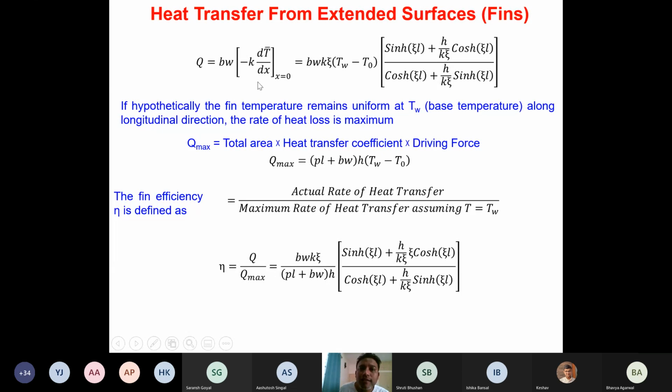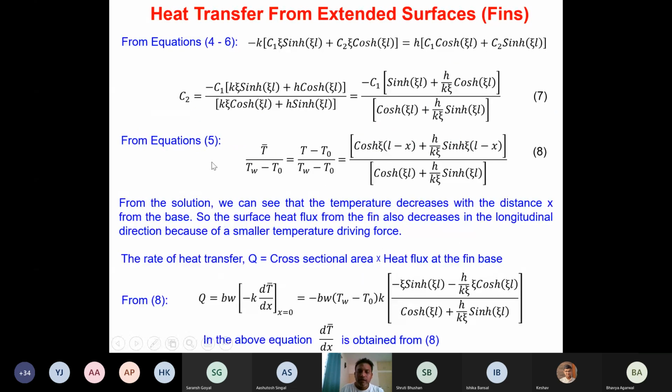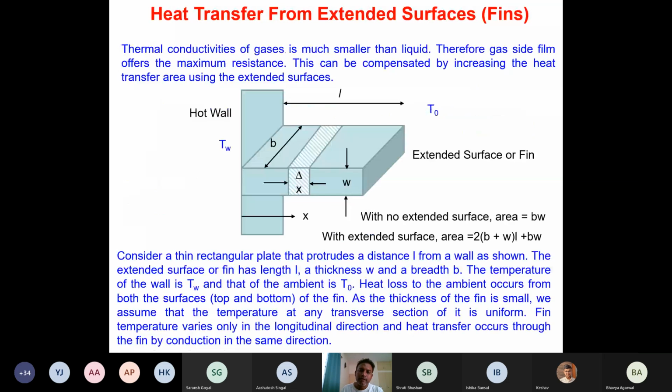Remember here the rate of heat transfer is given by this Q, where the actual temperature at any location X along the longitudinal direction is going to be lower than TW, because there is continuous heat dissipation taking place from the top surface, bottom surface and the side surface, isn't it?